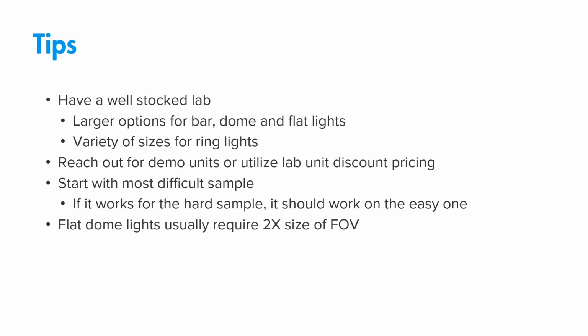So for those, I typically recommend having more of a variety of sizes and different kinds of ring lights: a few low angle that are 0-degree low angle, a few low angle that have a slight angle, a few HPR2 sizes, and then maybe an LDR2 or one in there.